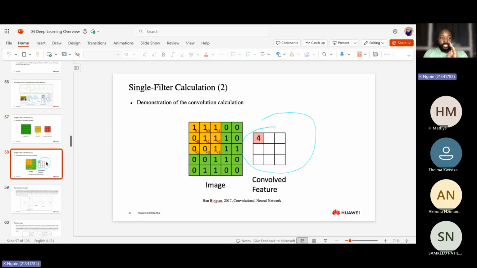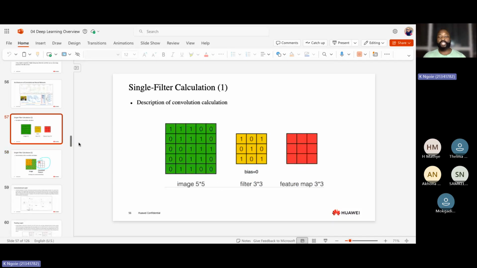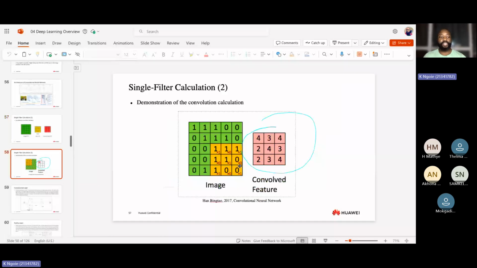This is what I explained yesterday, a visual representation of that. The feature map will be created by that, right? So we have this filter which is applied at each section of this image to create the feature map. This is exactly what I was explaining yesterday.